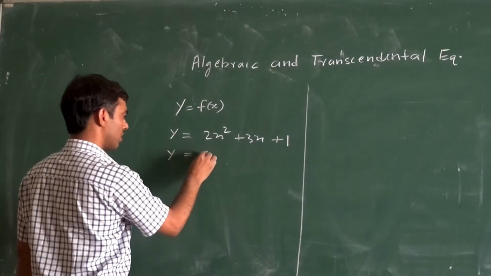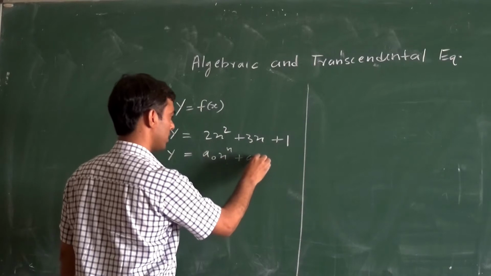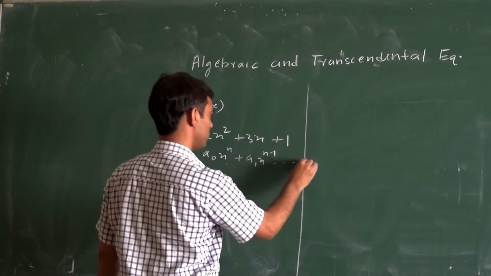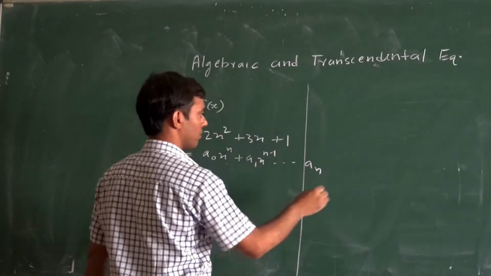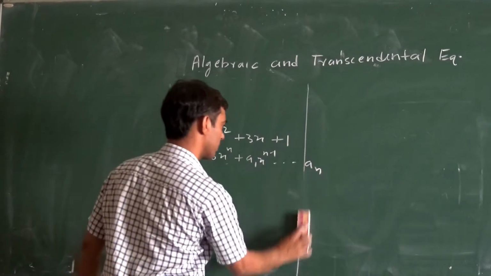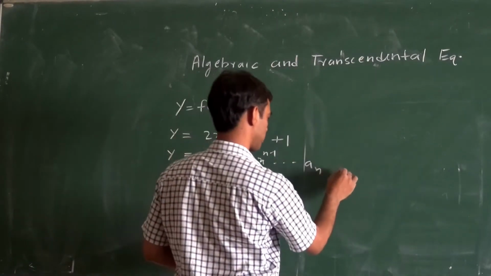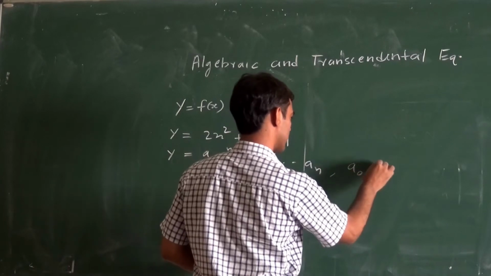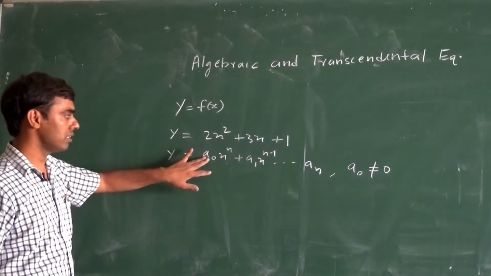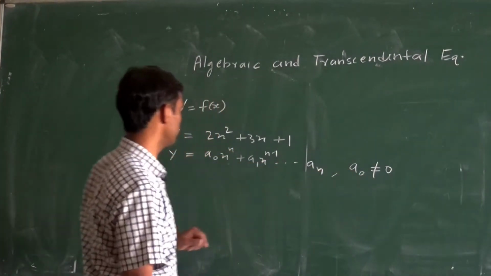A polynomial is a0 x^n + a1 x^(n-1) + ... + an, provided a0 does not equal 0. Then this is a polynomial of degree n, provided a0 does not equal 0.